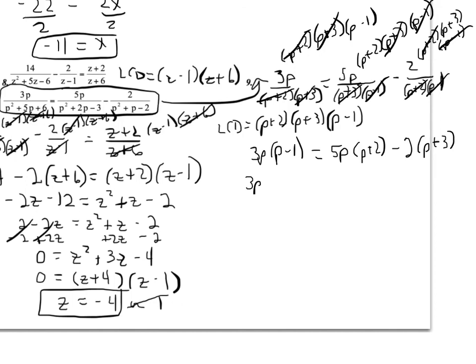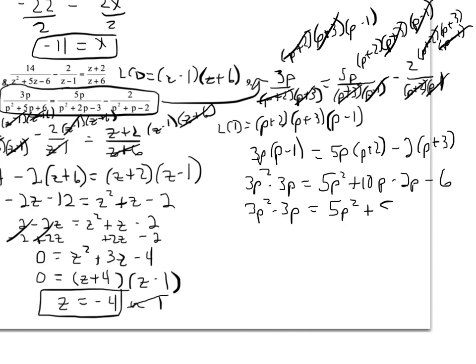So we'll have 3p squared minus 3p on the left equals 5p squared plus 10p minus 2p minus 6 on the right. If I combine like terms, 3p squared minus 3p on the left would be equal to 5p squared plus 8p minus 6 on the right.